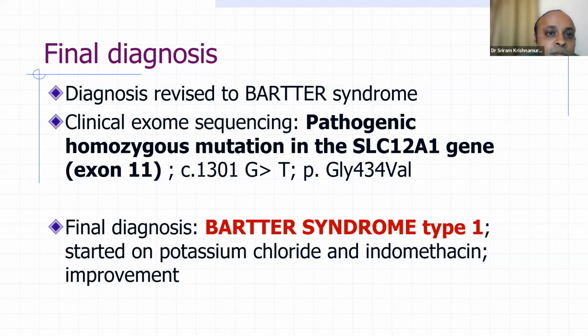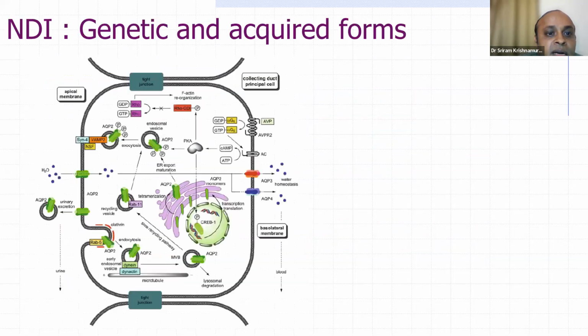Who would think of Bartter syndrome in the presence of hypernatremia and absence of hypokalemia and absence of metabolic alkalosis originally? So this was because there was a severe hypokalemia originally, and that triggered a secondary nephrogenic diabetes insipidus. So this presentation is well reported.